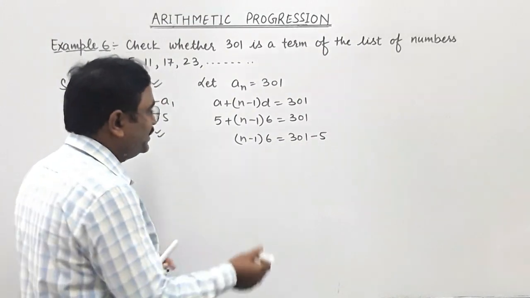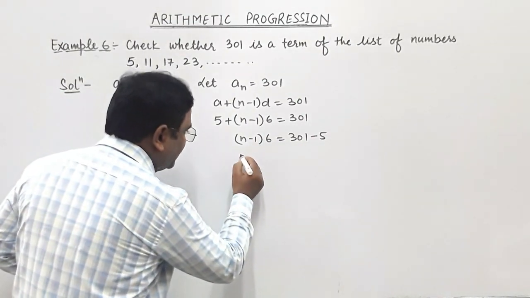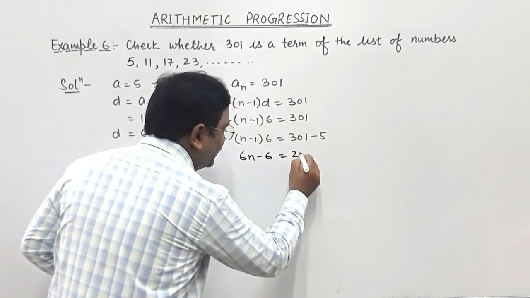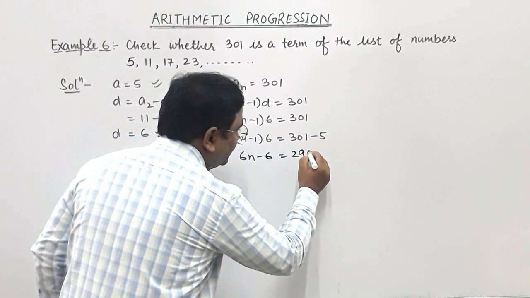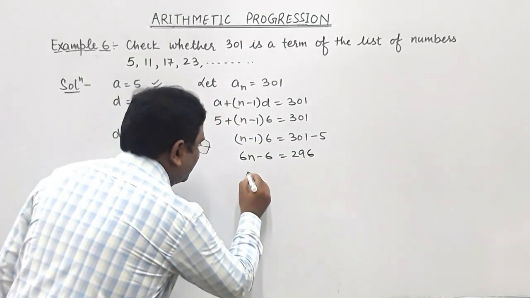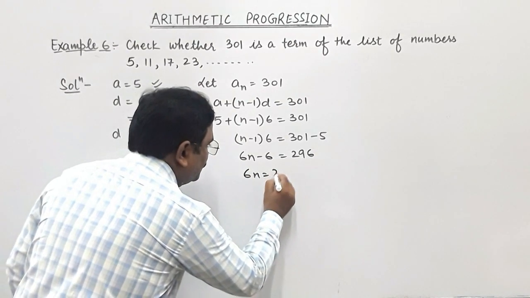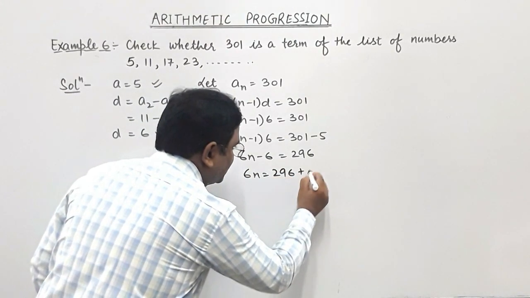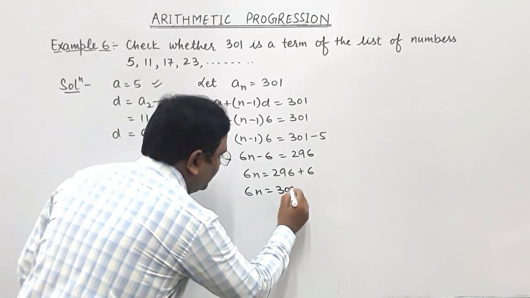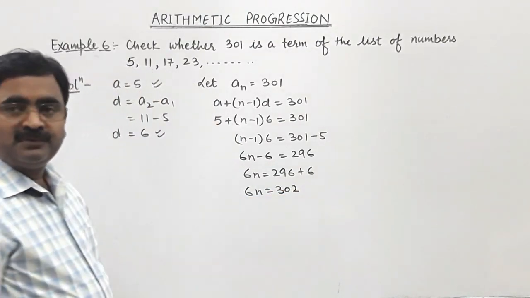Let us simplify. Multiply this 6 into the bracket. We will get 6n minus 6 equals 296. Simplify it. It can be written as 6n equals 296 plus 6, so 6n equals 302.